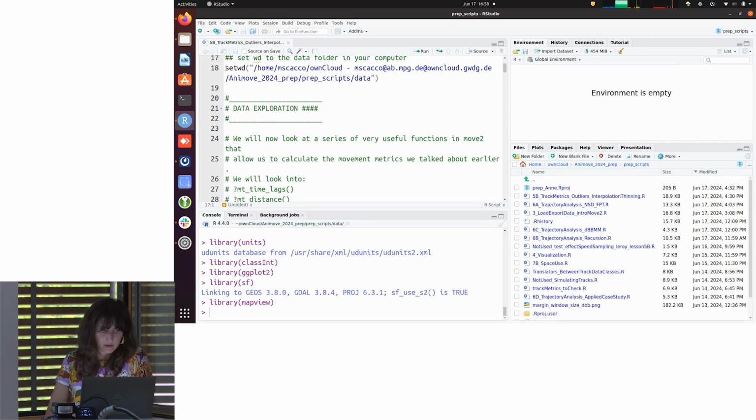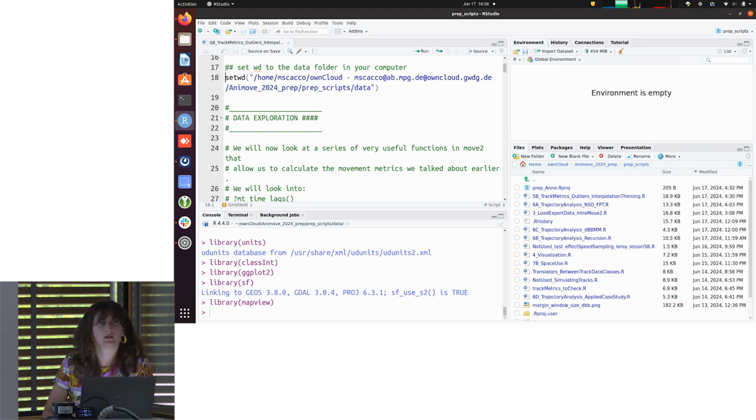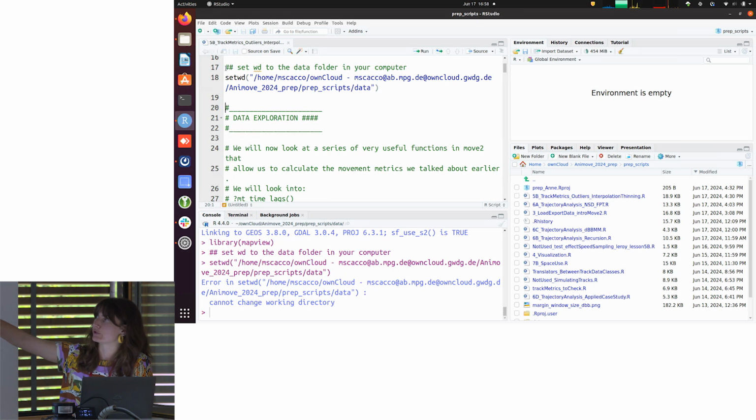So I'm going to set my working directory to the data folder. Have you worked with data already? You should have a data folder with some files in it.